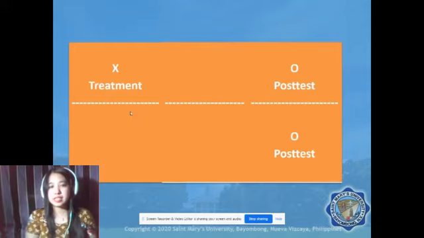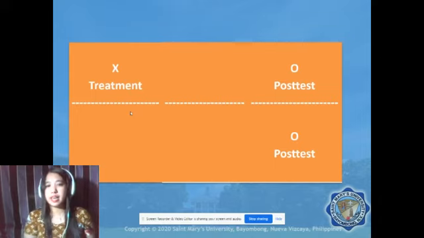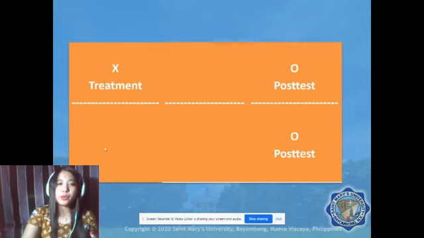So this is now the illustration. X is the treatment and then post-test, and then post-test. There is a space here, which means that this is the control.